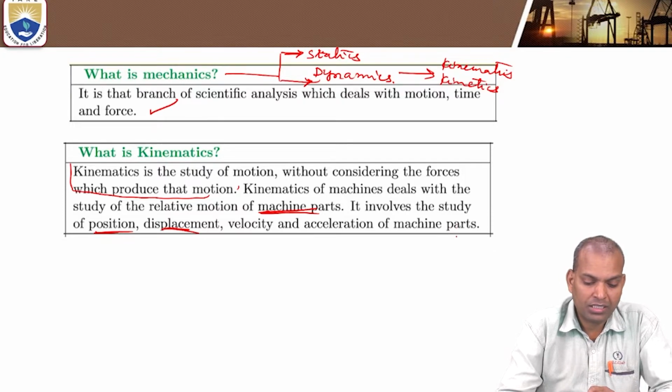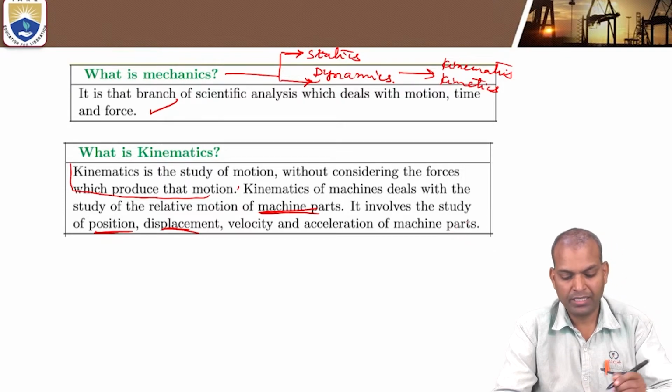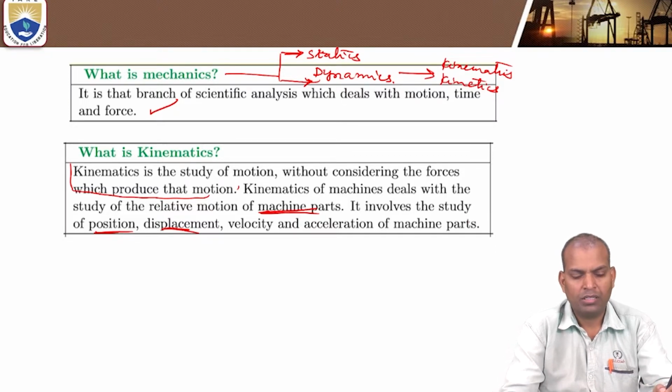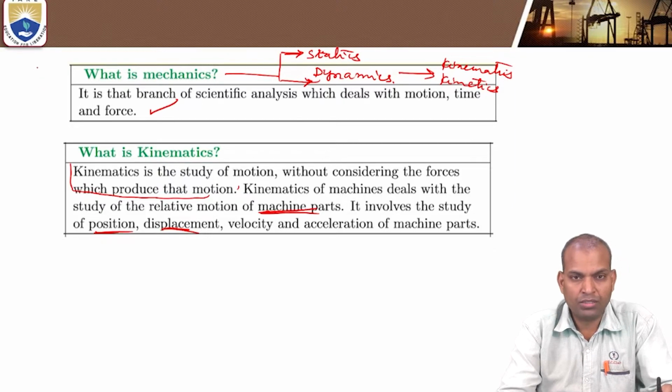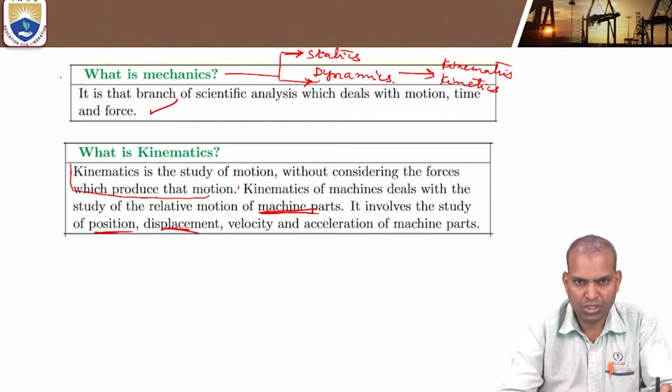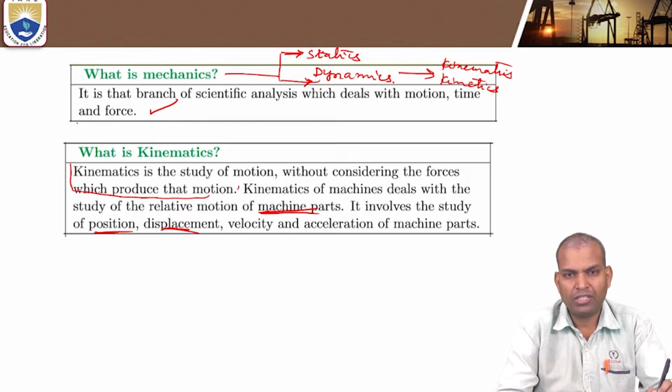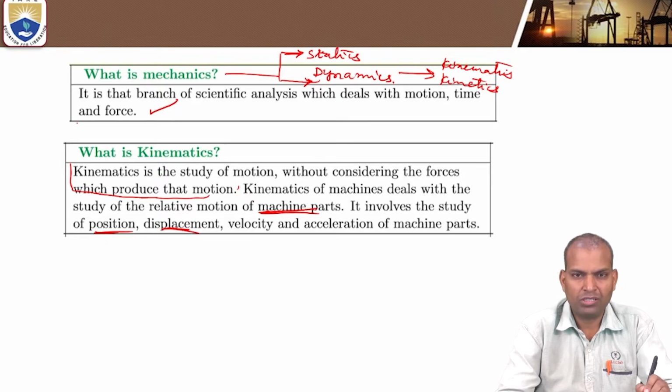That's why the syllabus included in kinematics of machines is: the first module is introduction to kinematics of machines. The second module is related to the velocity and acceleration diagrams of various machine components or various mechanisms. Velocity analysis includes two types of methods.